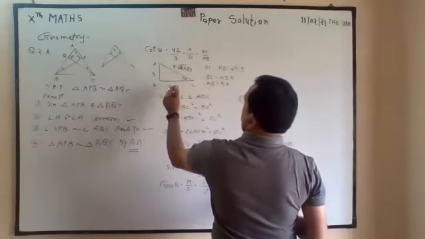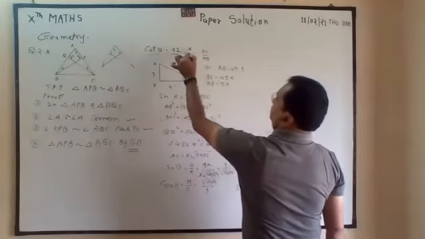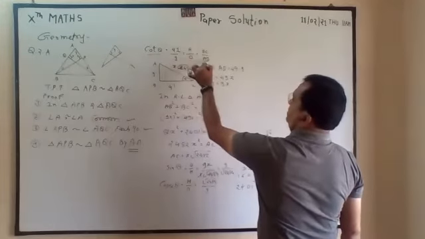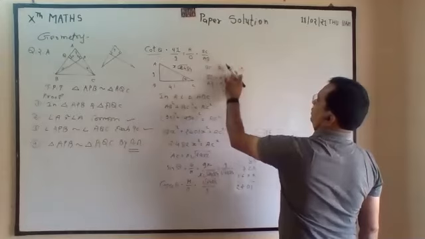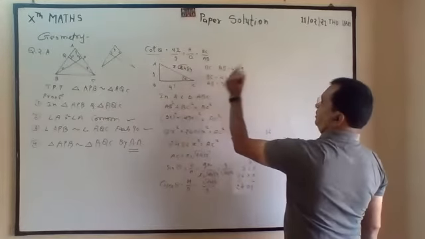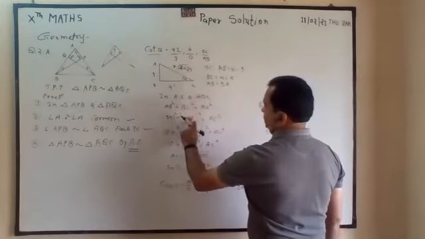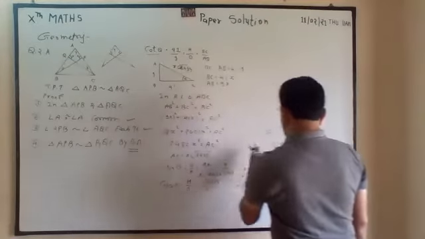Cot is given. Cot means adjacent by opposite. So BC by AB, BC is to AB is equal to 41 is to 9. So let the common multiple be x. So 41x, 9x. So 9x squared, 41 squared.